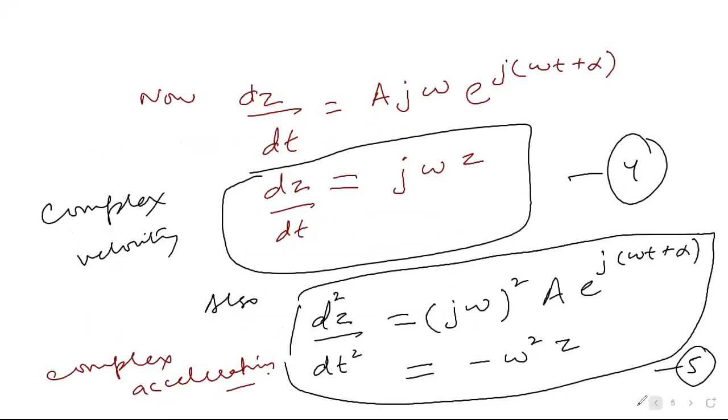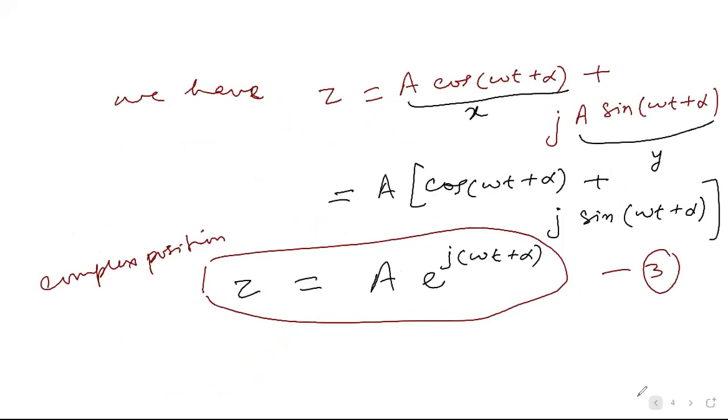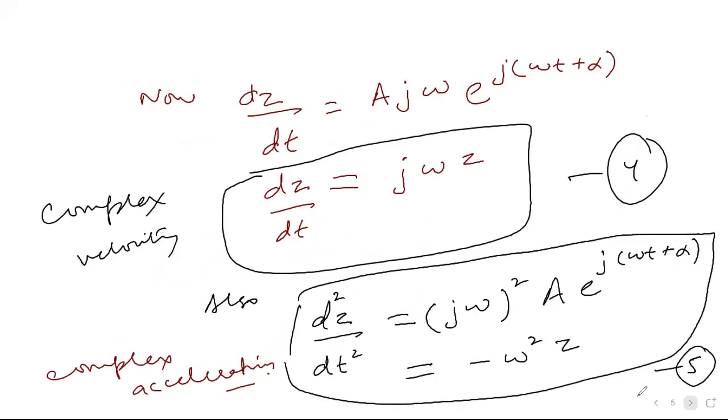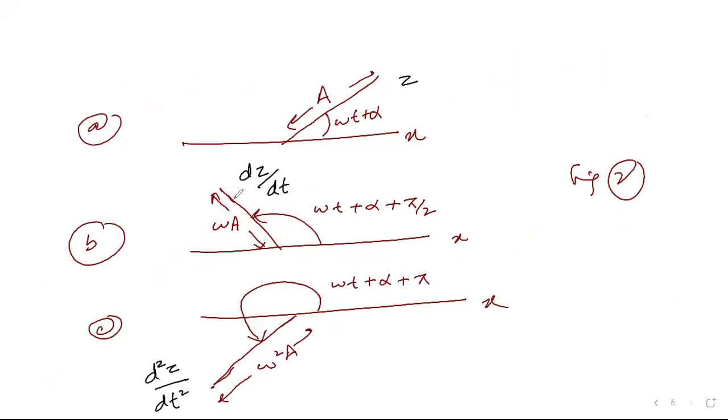Let us move to dz by dt. See, dz by dt has length a omega, and I will tell you what angle it makes. First, the length: it has length a omega, right? Now, it makes angle omega t plus alpha plus pi by 2 with the x-axis. See why.